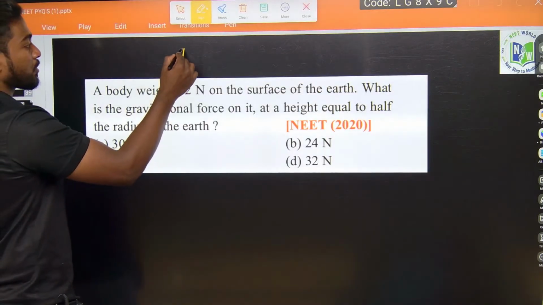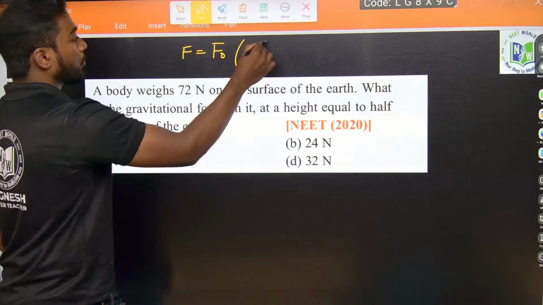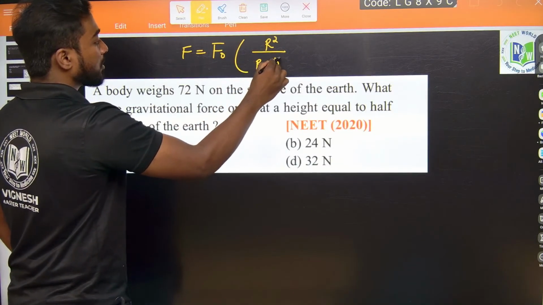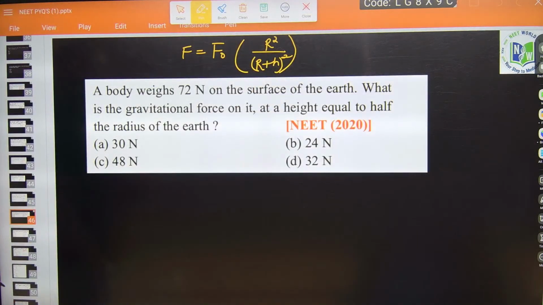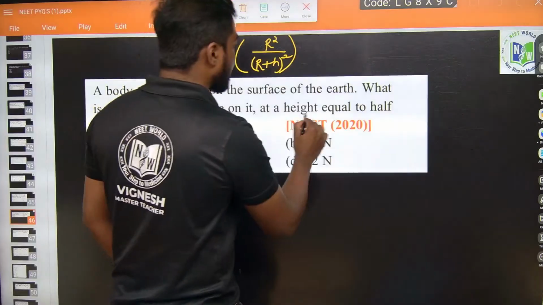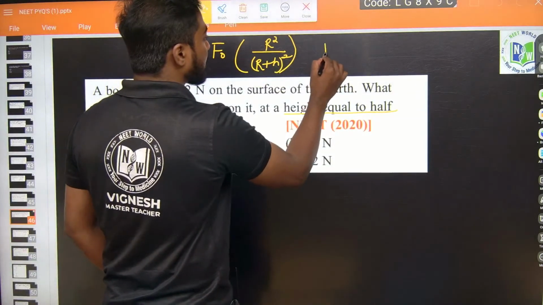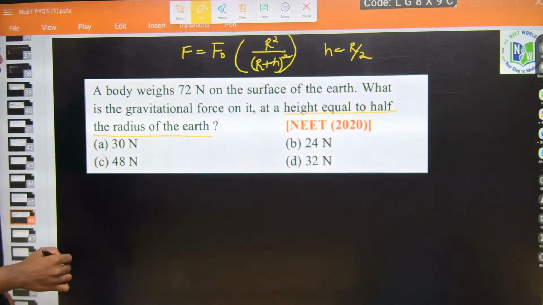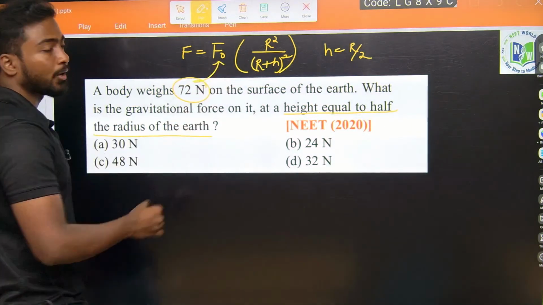F is equals to F naught into R square by R plus h whole square. This is the formula. Height equal to half of the radius of the earth, which means h is equals to R by 2. And the weight given is 72 Newton, which is nothing but F naught.